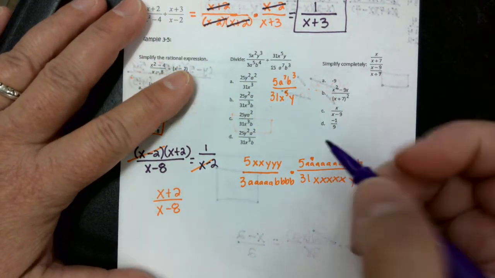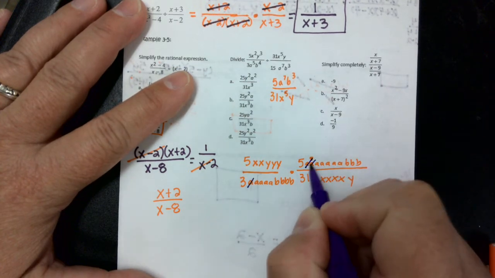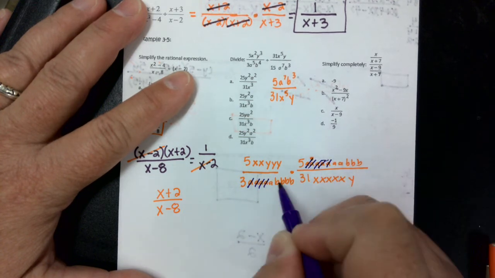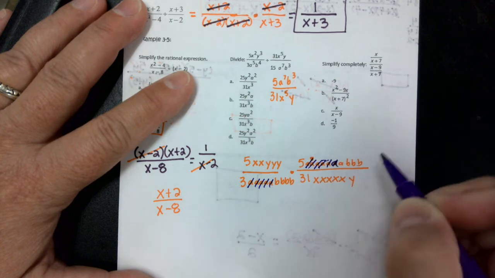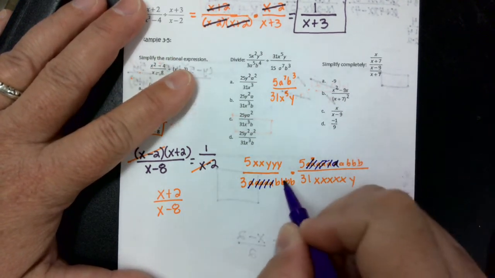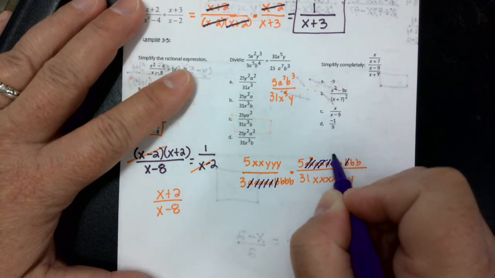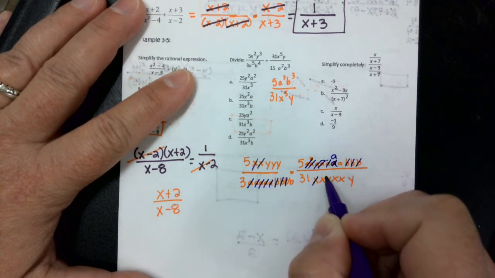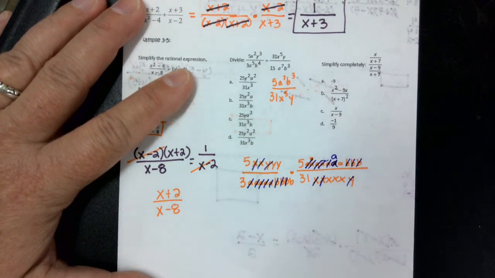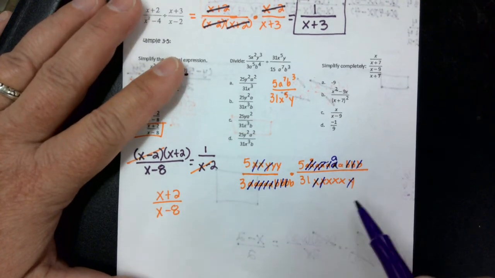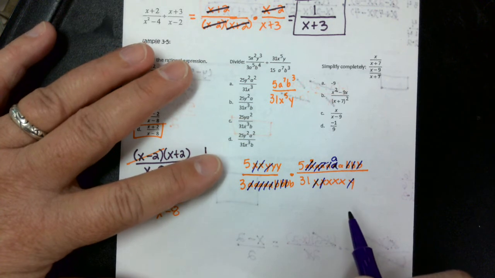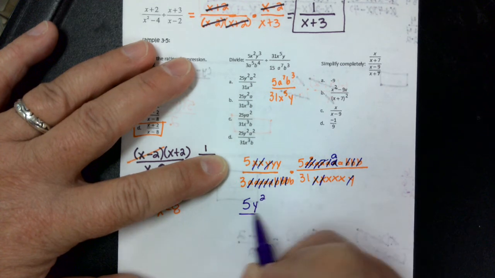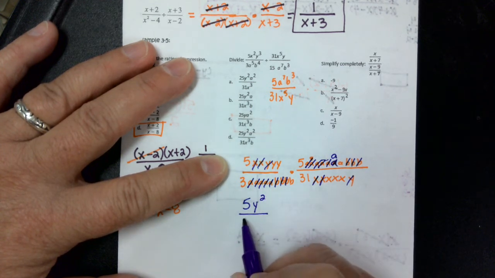All right, let's start crossing off. A, and then B, B, B. Y. All right, I think that's everything that I can get rid of. So I have 5 y squared. I have 3b.